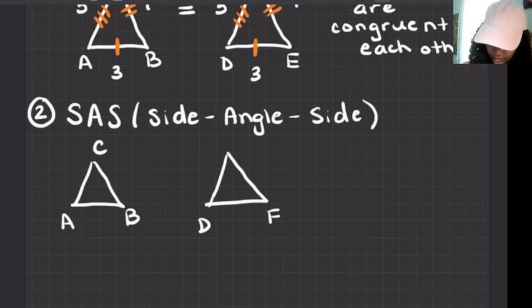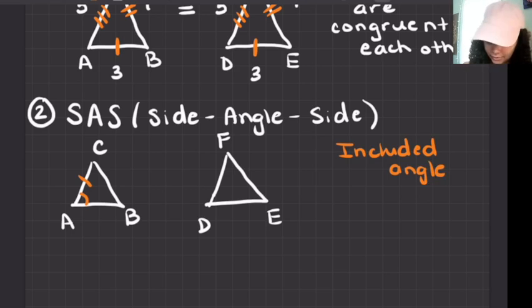So if I say, oh, hey, this side, the included angle, so the angle in between, that is called the included angle, and the side right next to it are congruent to this side, the included angle, and the side right next to it, then I can say that those 2 triangles are congruent to each other. So we have a side, the angle right in between, and the side right after, okay? So side, angle, side, okay?